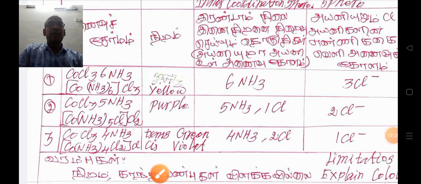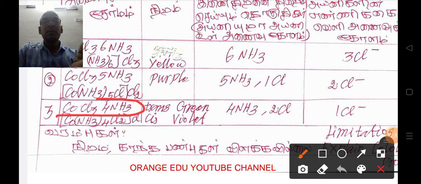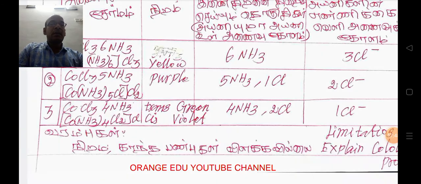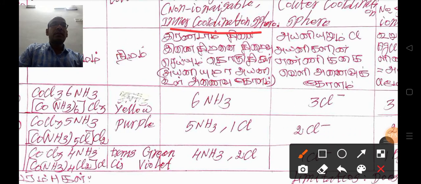Third example, this is a molecular formula. It has two forms, trans and cis. Trans has a green color, cis has a violet color. The inner coordination sphere has 4NH3 and 2Cl.